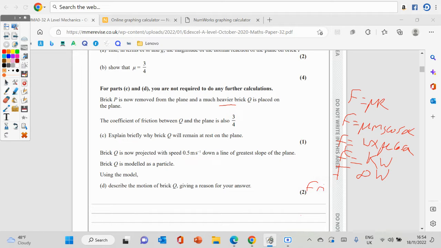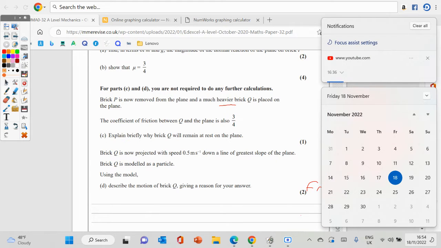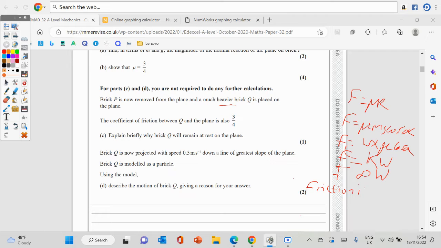So we can say that friction is proportional to the weight, as the masses will cancel out in effect.